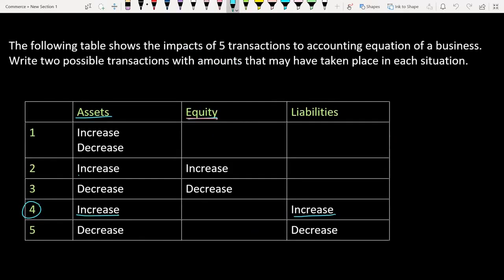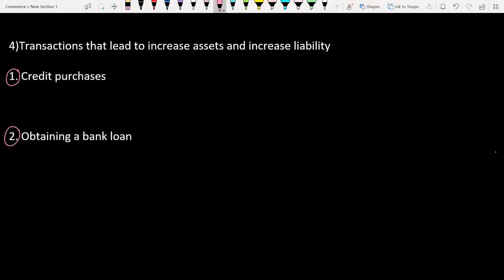Fourth situation is assets increase and liabilities increase. We can take two possible transactions for this situation. Credit purchases. What are credit purchases?